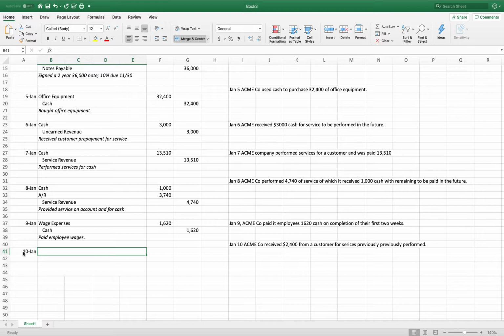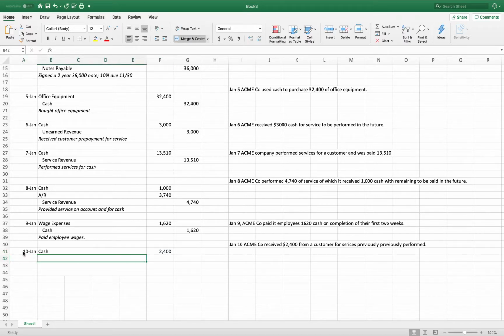Well, we have an asset increasing and we have an asset decreasing, okay? What do you mean? Well, what did I get from this transaction? Just read it. Received $2,400 cash from a customer. Okay, cash got to go up. How much? $2,400. What's going down?